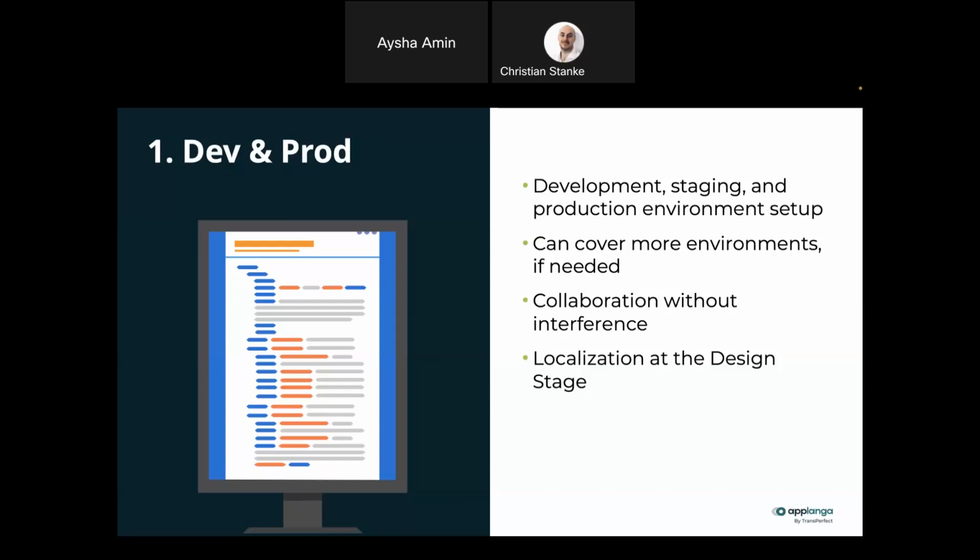In this case, each team member can work on their own branches or versions of the project without interfering with each other's work. You could even extend this to cover localization at the design stage. You could have a branch for designers and a branch for developers.